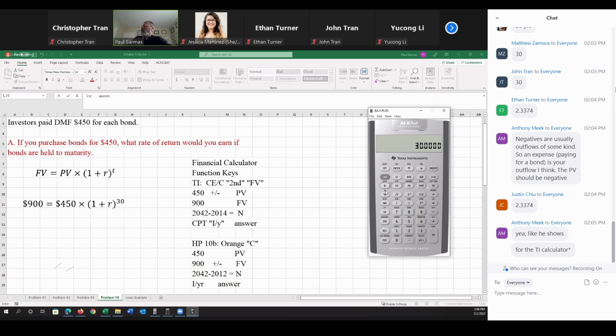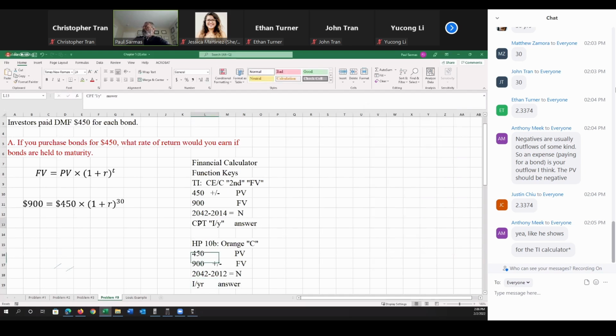I put N, 30 years. Compute I gives you 2.3374. That's your answer. 2.3374 percent. Remember that because it's the rate, it is always a percent.